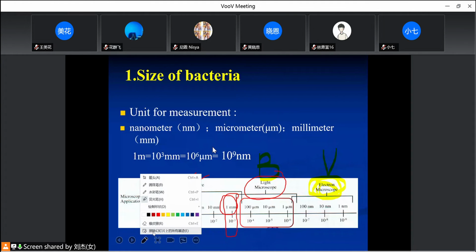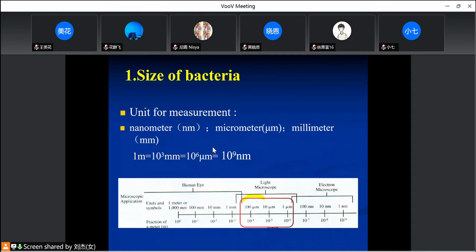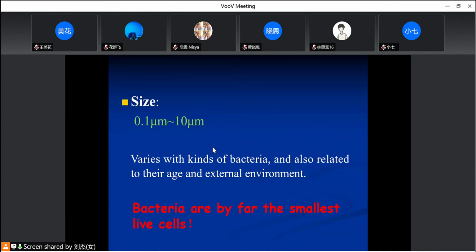So actually, I show a circle on this part. This part, you see, 1 micrometer to 100 micrometer, sorry, that is the size of most bacteria.